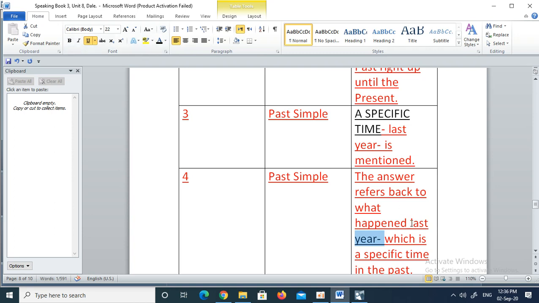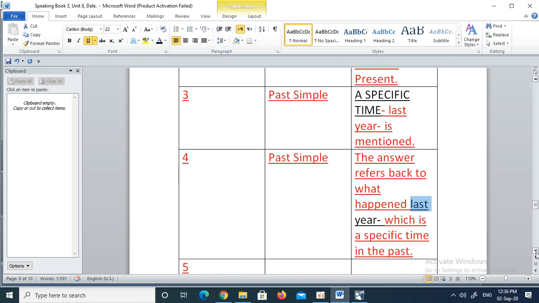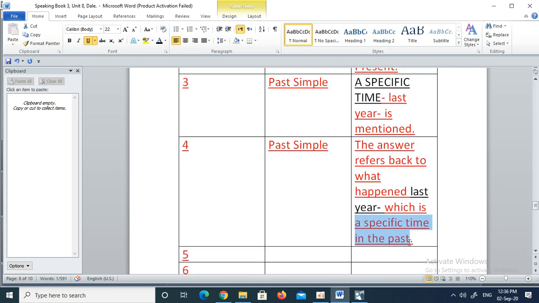Alright, so it must also go into the past simple because it's referring back to a specific time in the past. Okay.